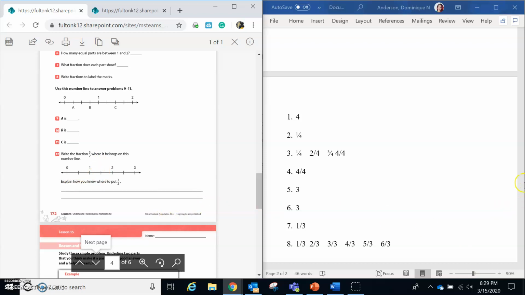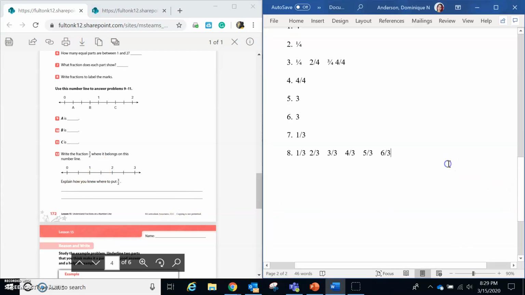Explain how you knew where to put 3/2. So we're going to write this out together. This is actually number 12. So, I knew where to put 3/2. What did we do first, guys? We counted our equal parts.